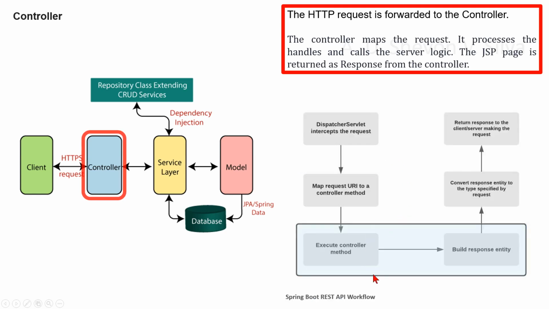Here you can see the Spring Boot REST API workflow. So here we can quickly go through the workflow of how Spring Boot handles a REST API request, processes it, and returns the response. First, the request is received by the dispatcher servlet, which is responsible for processing any incoming URL/URI request and mapping it to the corresponding handlers in the form of controller methods.